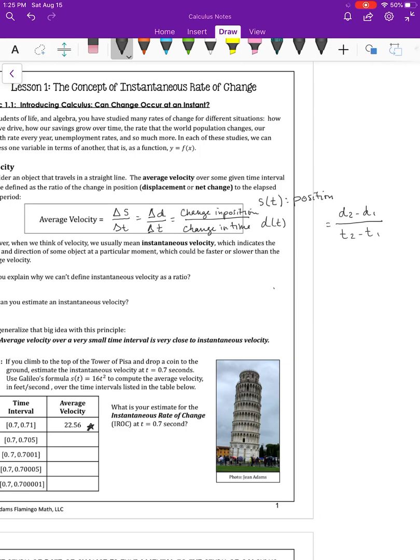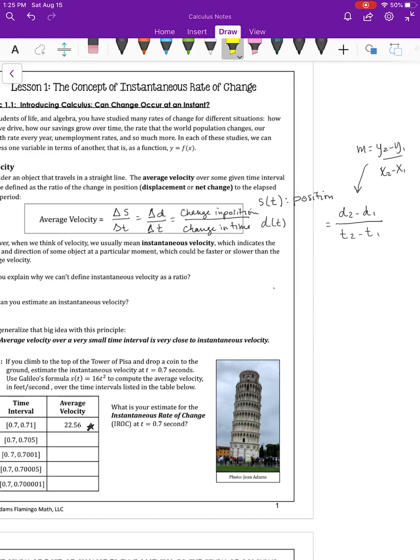Okay, so this is like your y2 minus y1 over x2 minus x1, only we're talking about a d of t, so it'd be d2 minus d1 over t2 minus t1. So this is just like a slope formula, right? Basically, that is slope, y2 minus y1 over x2 minus x1. So this is like a slope formula, only we call it average velocity.